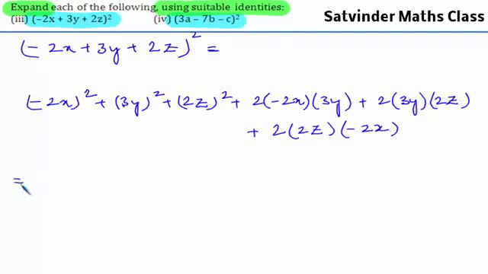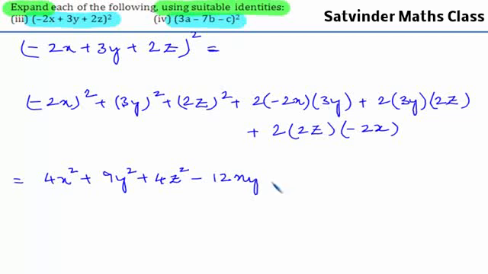Let us simplify this. We have (-2x)², that will give us 4x², plus we will get 9y² plus 4z². You need to be very careful when it comes to mathematical signs. You have plus into minus is minus. Now 2 2's is 4 and 4 3's is 12. Therefore -12xy.